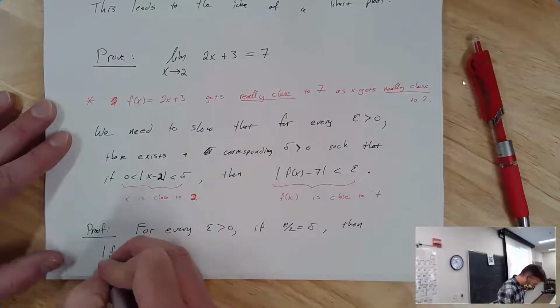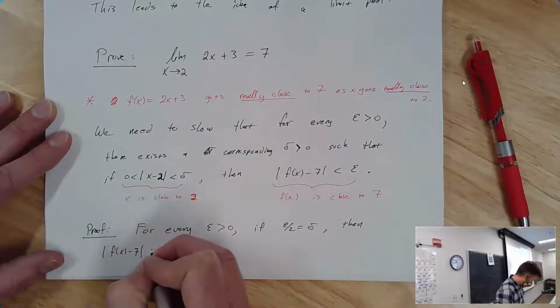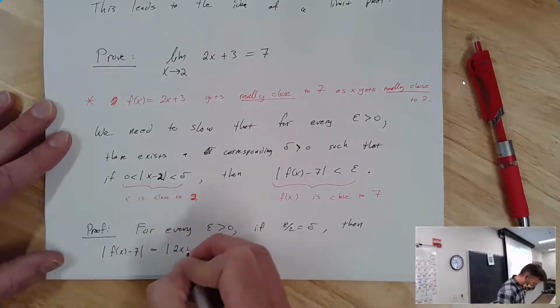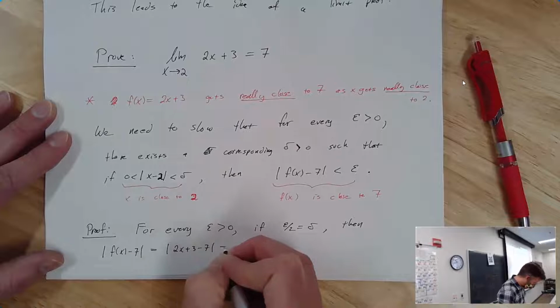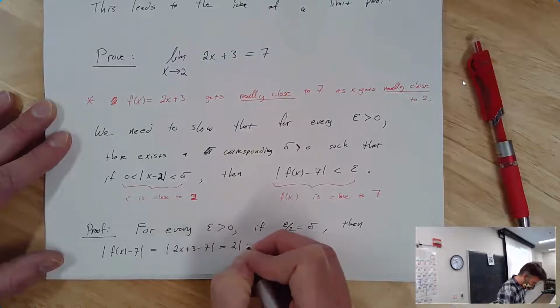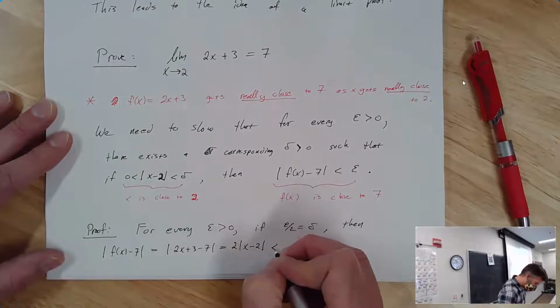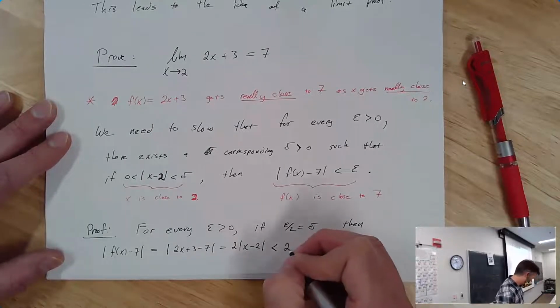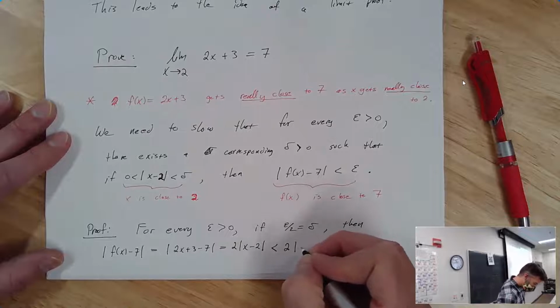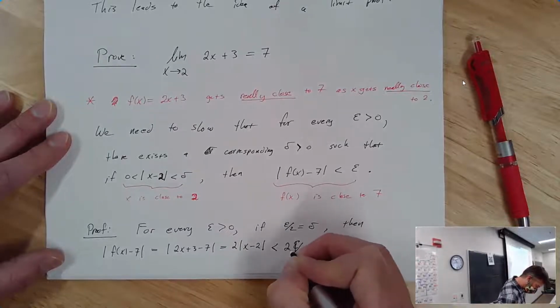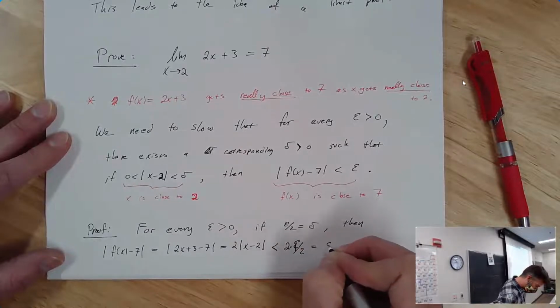The absolute value of f of x minus 7 is equal to the absolute value of 2x plus 3 minus 7, which is equal to 2 times the absolute value of x minus 2, which is less than 2 times epsilon over 2, which is equal to epsilon.